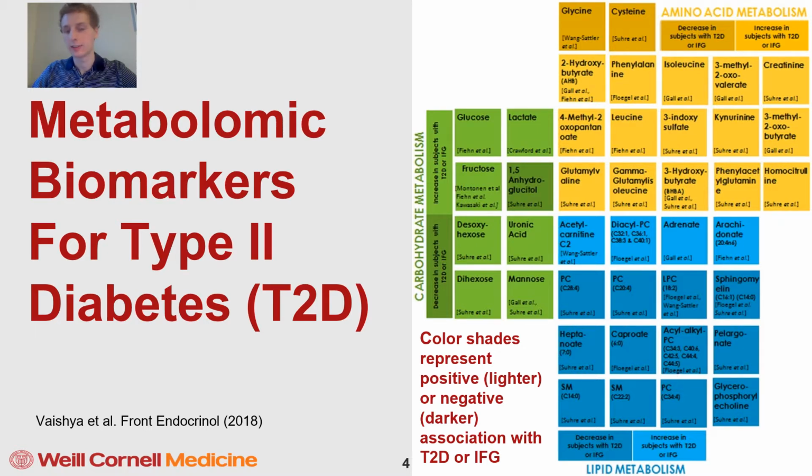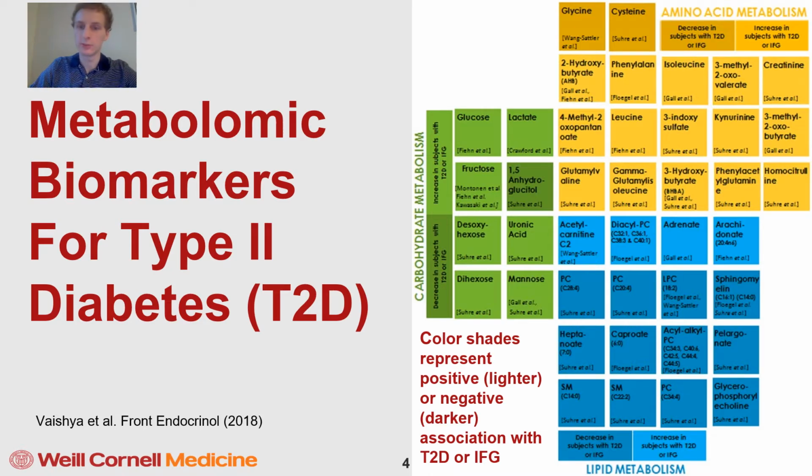Here we show that there are known metabolomic biomarkers for type 2 diabetes. Weill et al. created this figure, and what it shows is that within the carbohydrate metabolism, amino acid metabolism, and lipid metabolism, there are known associations with different metabolomic features to incident type 2 diabetes.